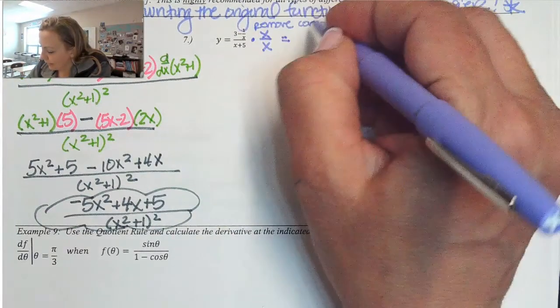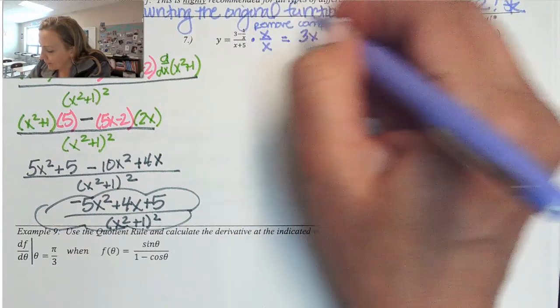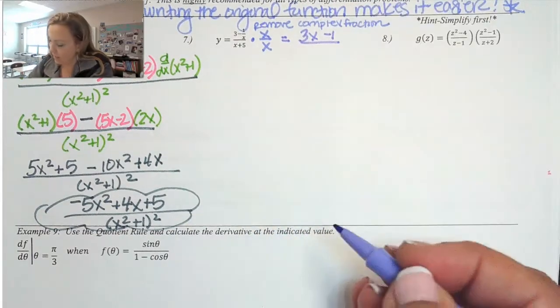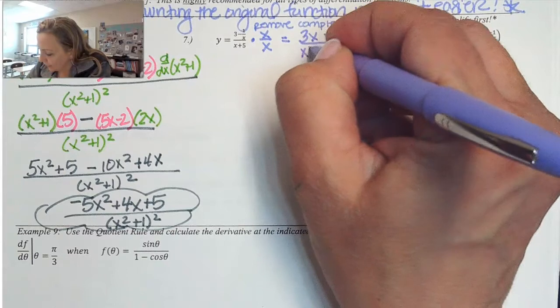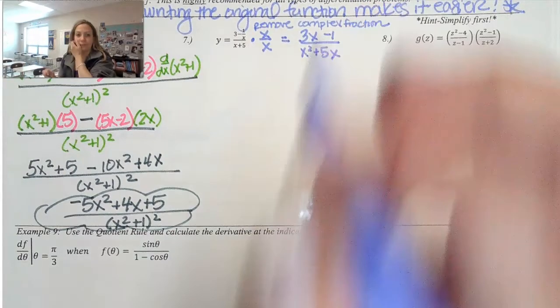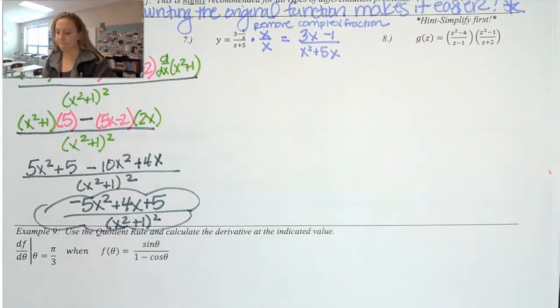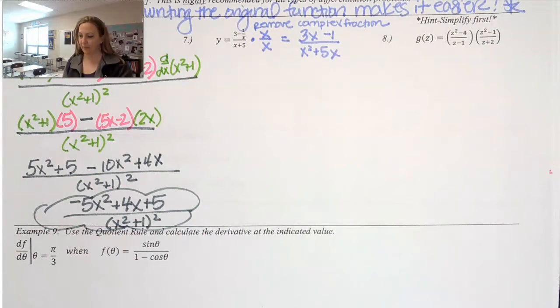And that would give me 3x minus 1 over x squared plus 5x. Okay. That's going to be a little easier for us to deal with as far as the derivative goes.